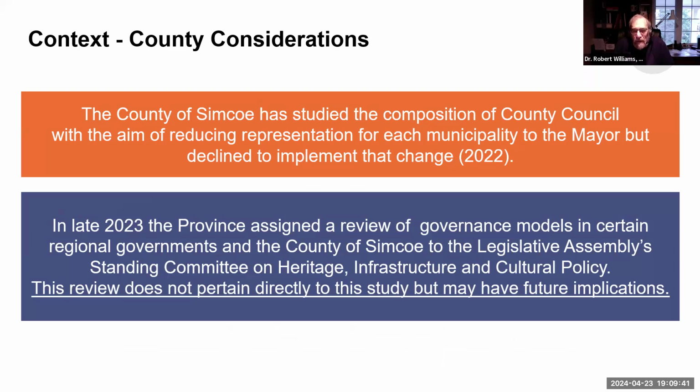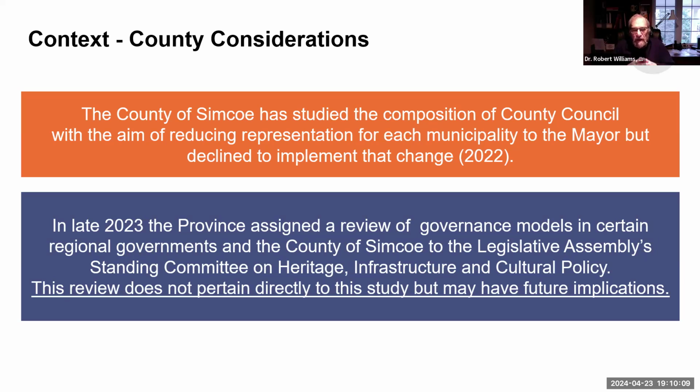I think at the moment, Simcoe County Council is the largest municipal council in Ontario, 32 members. That is 16 municipalities with 2 representatives each. In the context of municipal review, from time to time, the county has said, maybe we don't need 32 people to make decisions. Maybe we should change it.